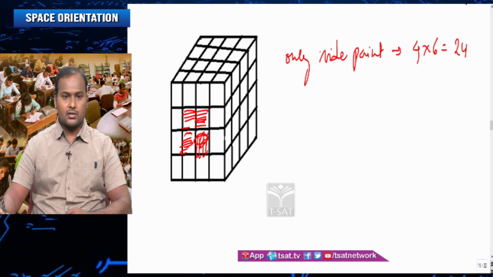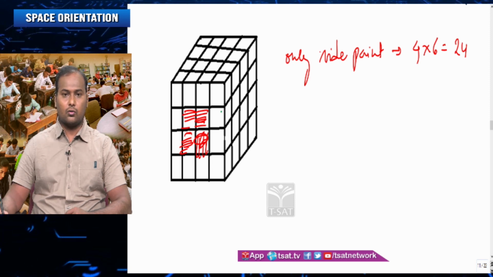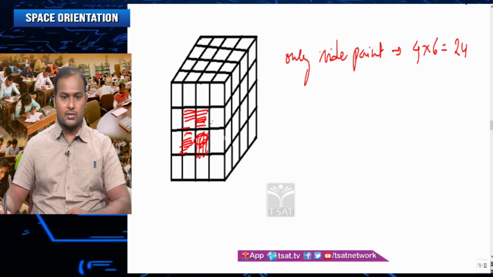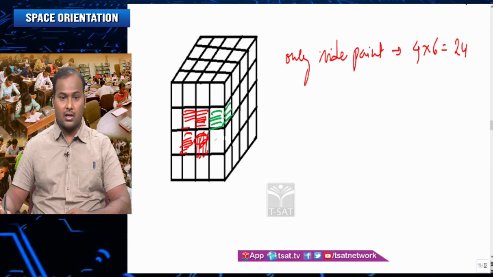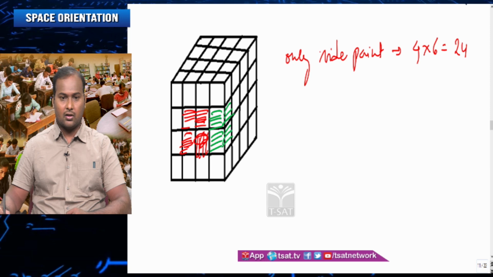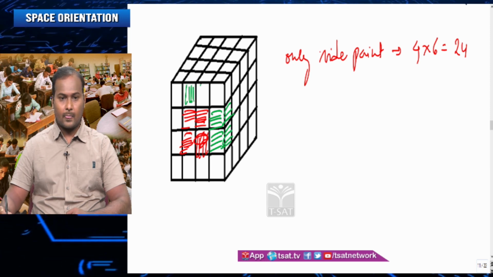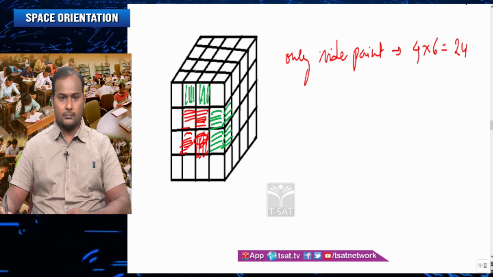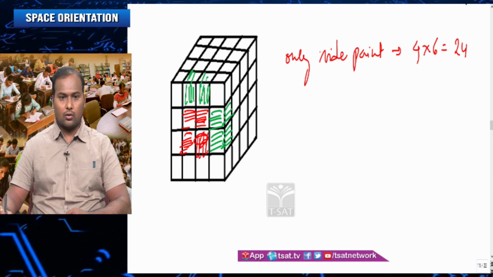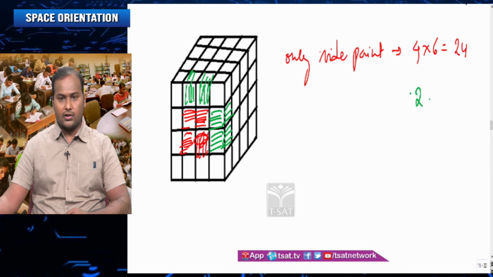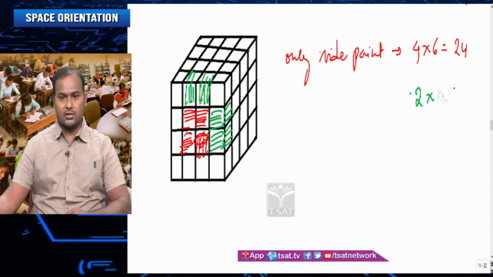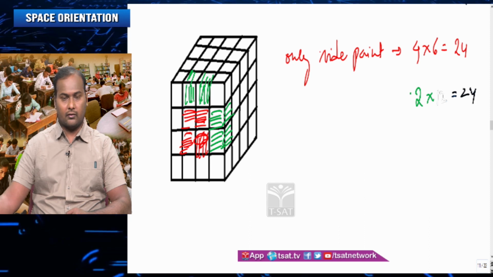The next question is, how many small cubes with two side paint? So where is two side paint possible? Two side paint is always possible only on the edges. So per edge how many? Per edge 2. Total how many edges? Total 12 edges, and per edge 2, so 12 times 2 is 24.